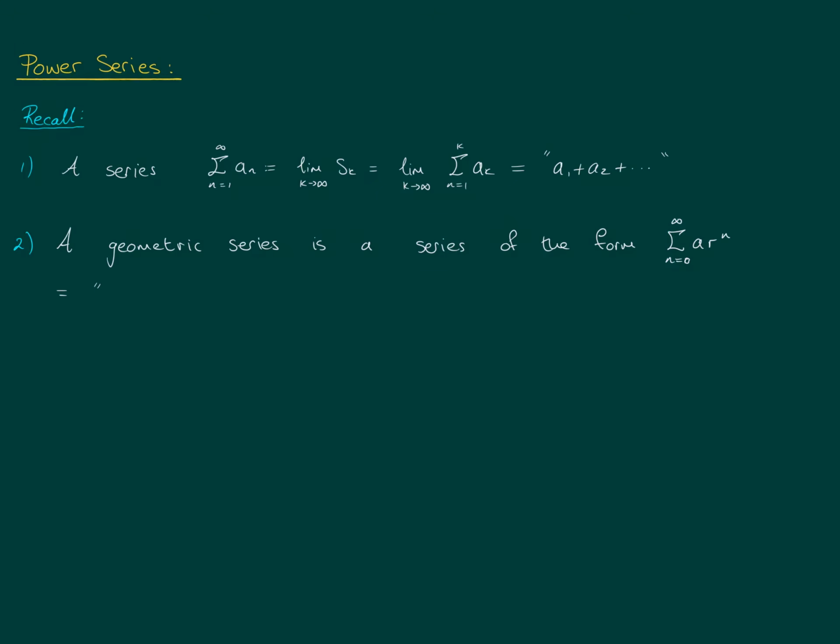And that is a plus ar plus ar squared and so on. a is called the first term for obvious reasons, and r is called the multiplier or common ratio.